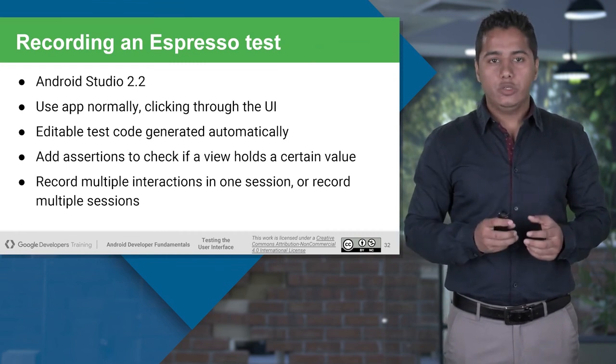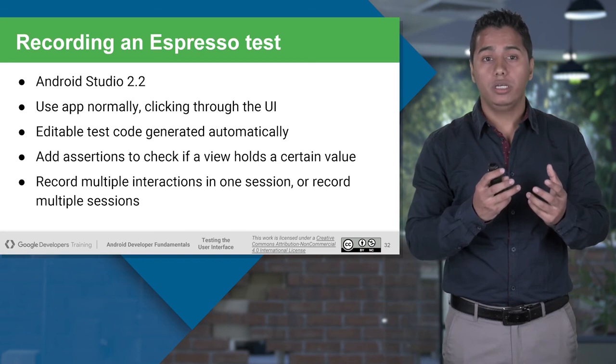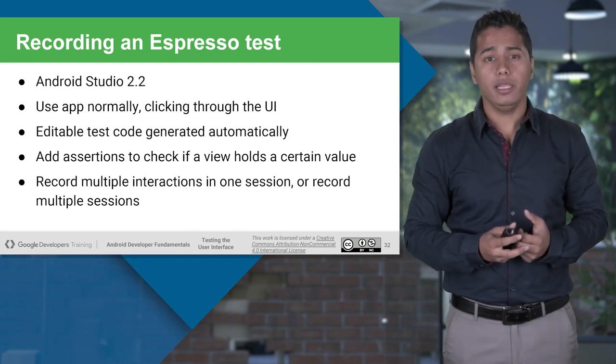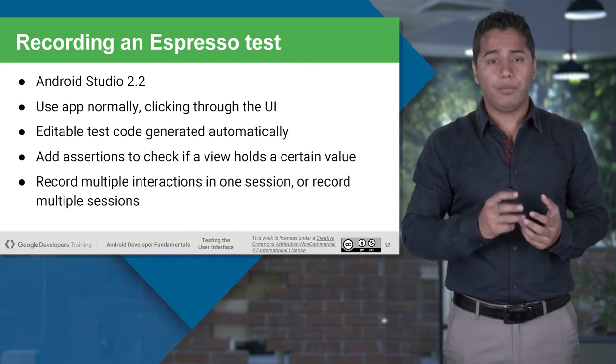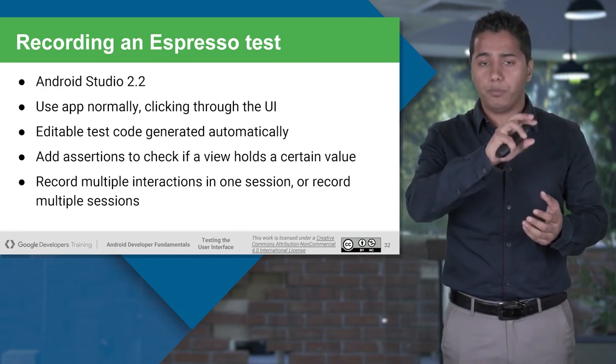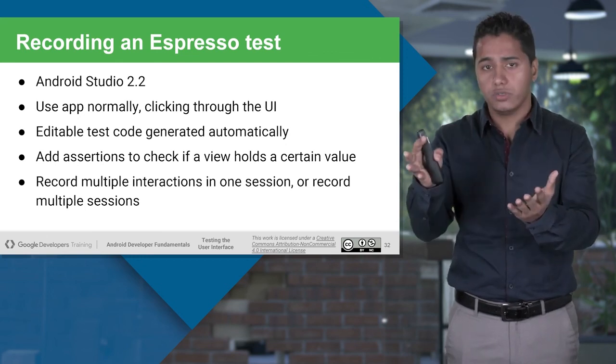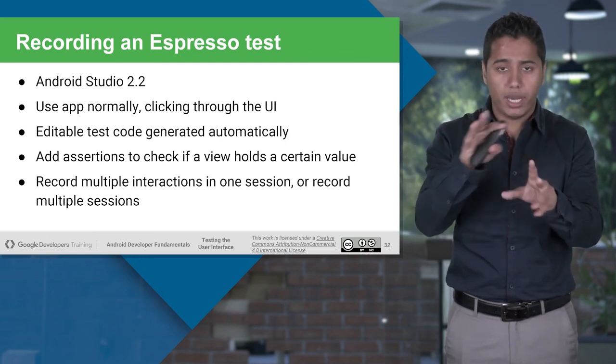So how exactly does recording an Espresso test work? First things first, you need to have Android Studio 2.2. Next, you will use your app normally. You will start clicking through your UIs and perform whatever UI operation you want to perform, like clicking on a button should transfer you to the next page, or writing in an edit text.